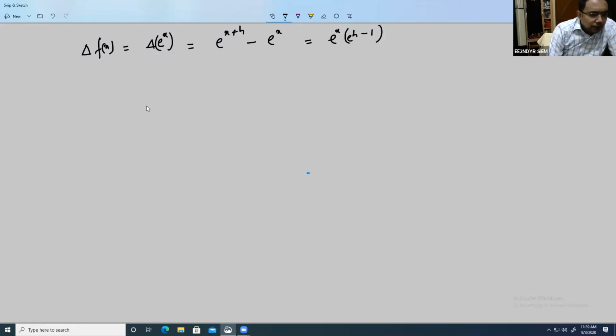Base is same. So this is our first part. So next step, again we have to calculate del of f of x. Clear? So again I'm considering del of this.